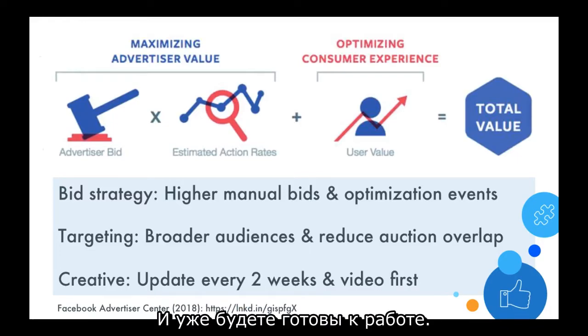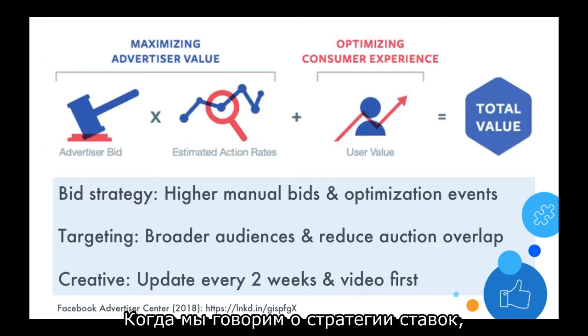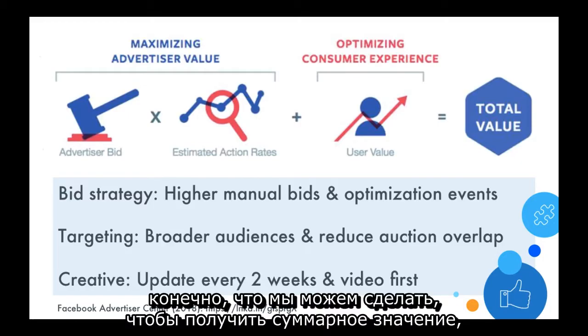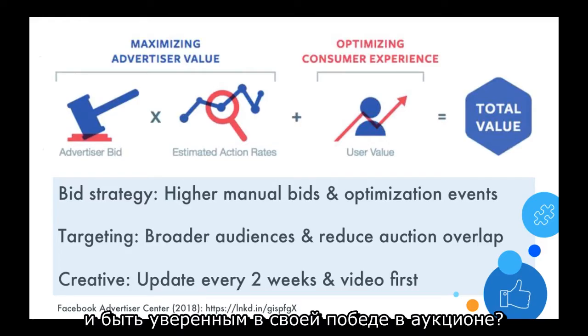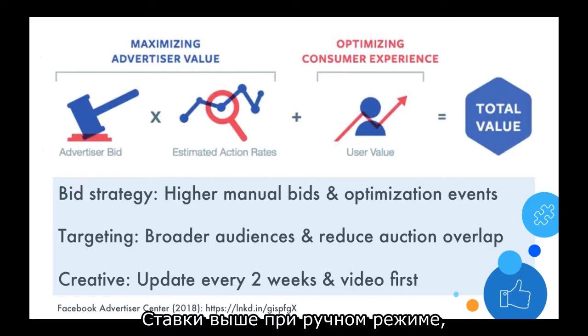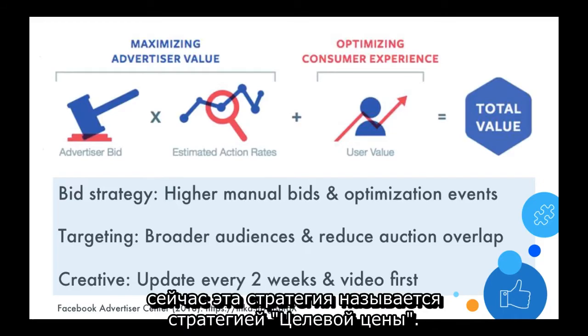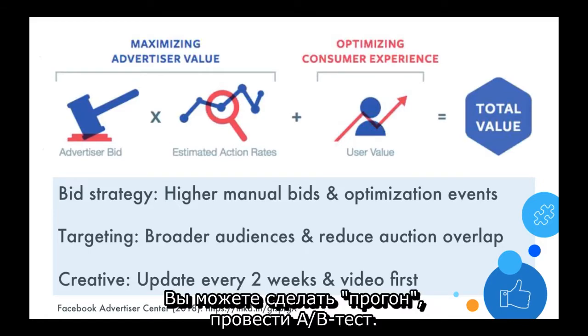So when we're talking about bid strategy, okay, of course, what you can do to have higher total value and make sure that you win the auctions is, well, bid higher with manual bids, which are now called target cost bid strategy. Okay, so you could play around, test that in an A/B testing.